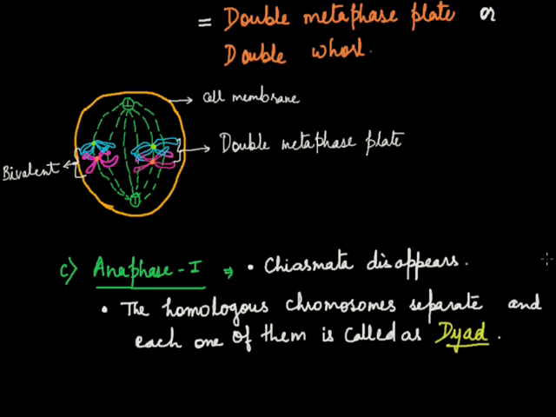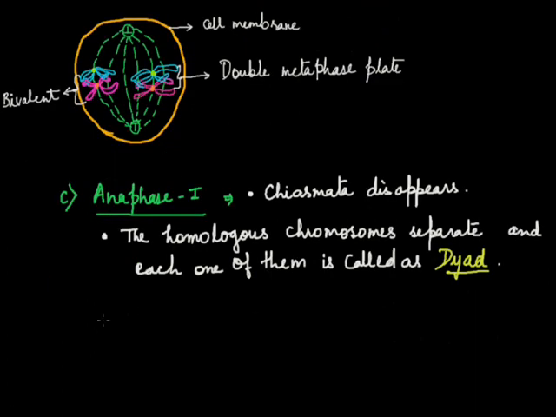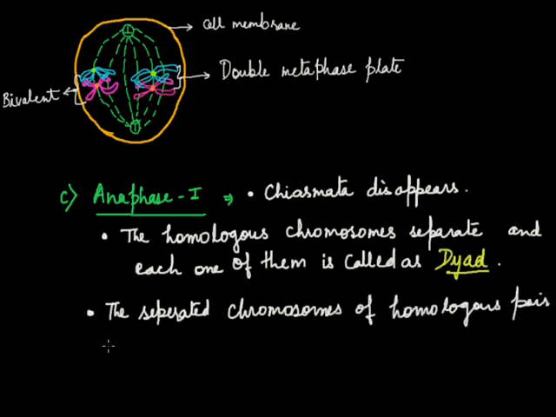Since the homologous chromosomes have separated by disjunction, which means they were joined and now they have separated, each chromosome is called a dyad. The separated chromosomes of the homologous pair move toward opposite poles.